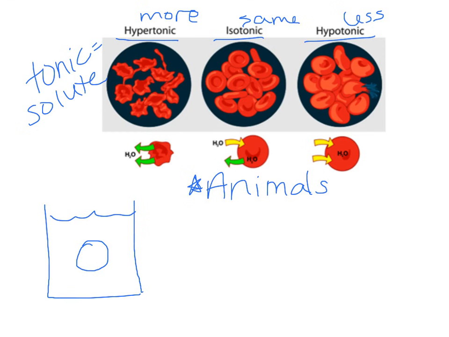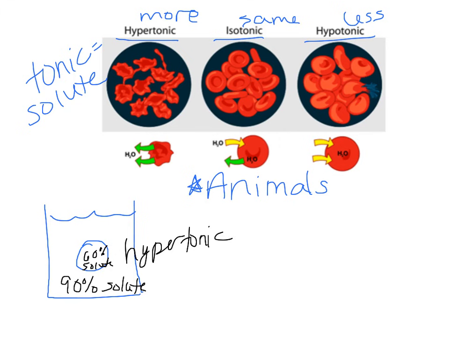Okay, let's say my solution is 90% solute, and my animal cell is 60% solute. So that makes my solution hypertonic. Hypertonic, hypotonic, and isotonic are relative terms.